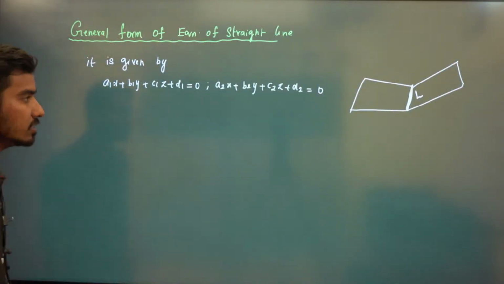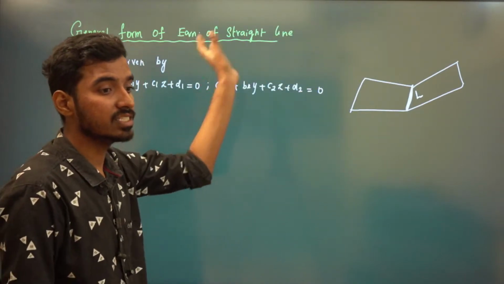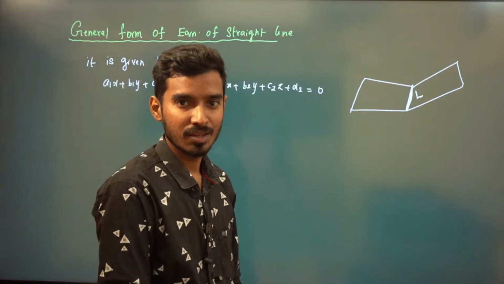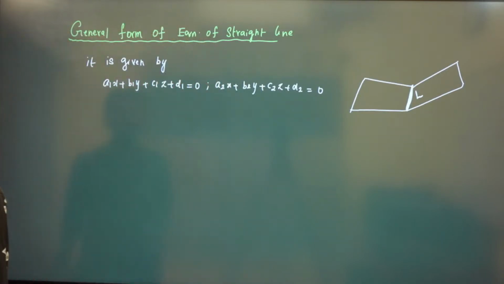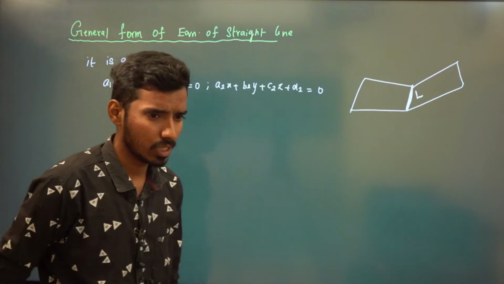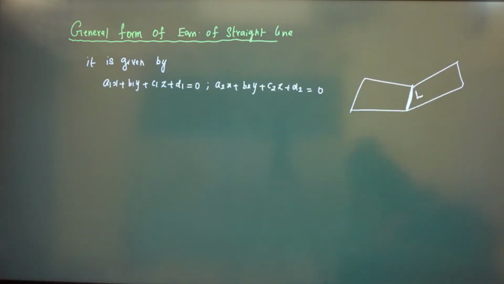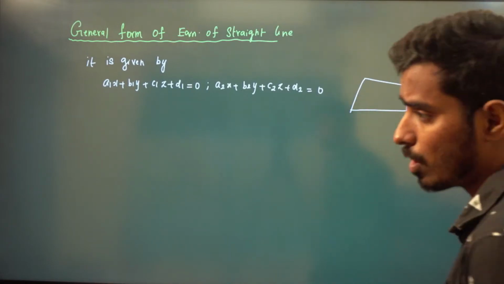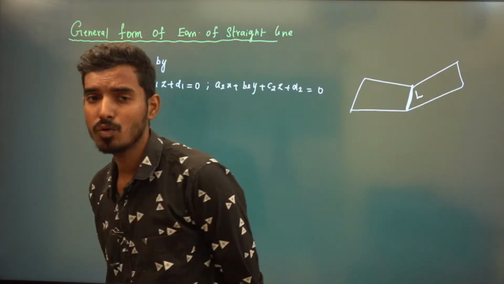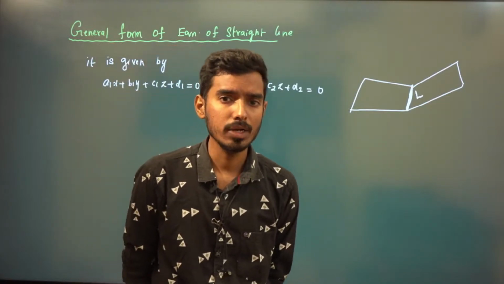Next important thing is we're going to see how to convert general form to symmetrical form, because we are most comfortable with symmetrical form of equation of line. So how to find the symmetrical form? You have to know one point, which is alpha, beta, gamma, and you have to know the direction ratio.